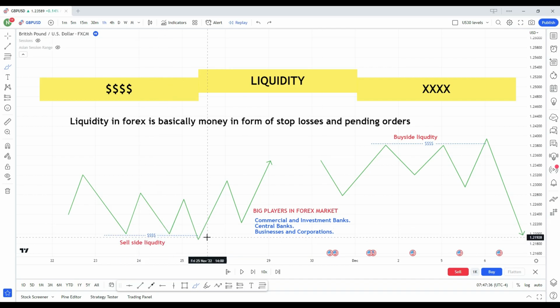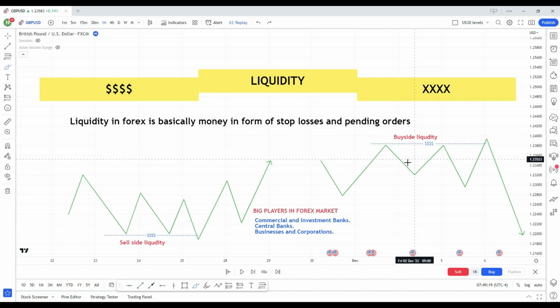So big players in the market will always liquidate the retail traders before they take their large moves, whether it is buy or sell. Their way of liquidation is by manipulating the market as if they are taking a sell, and then once they have hit all the pending orders or stopped most of the retail traders, they take their move to the buy side.